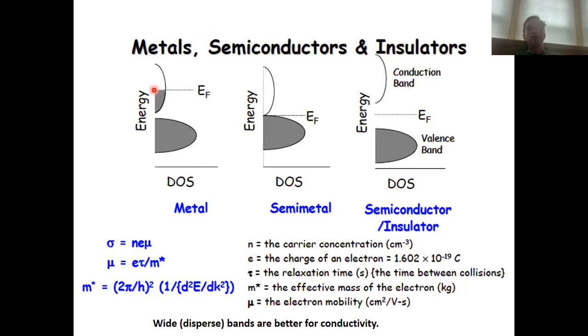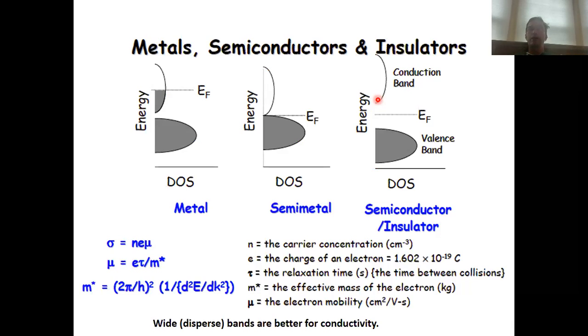Now the opposite case is that we have a band gap in between the valence band and the conduction band. In this case, we have a semiconductor or an insulator.